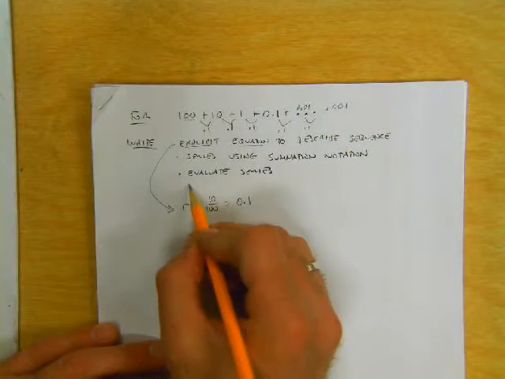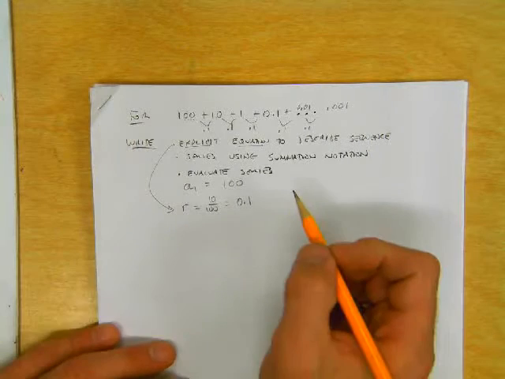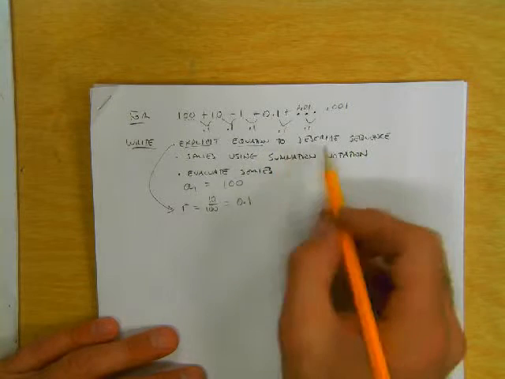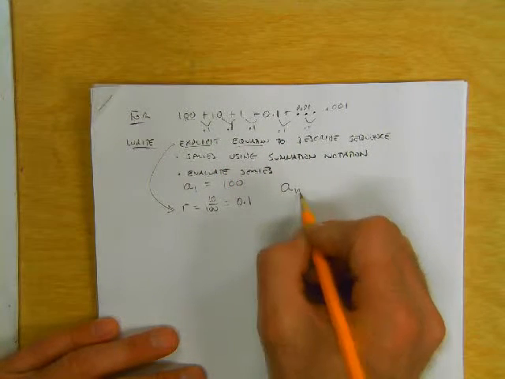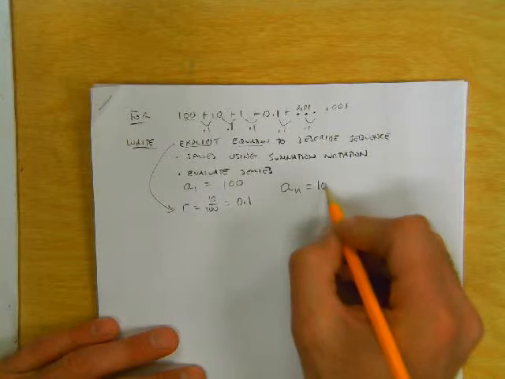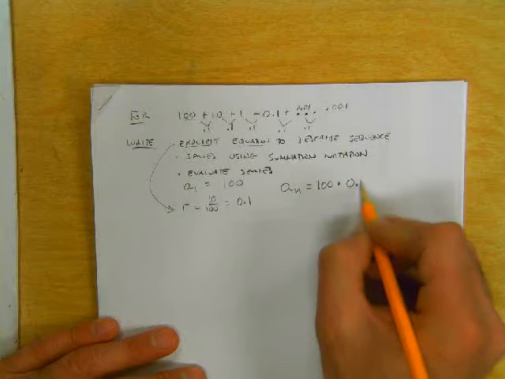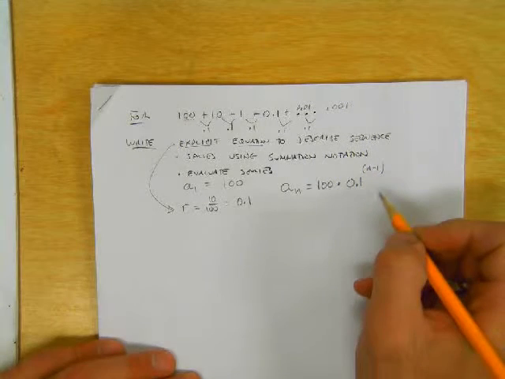The other thing that we need is the value of the first term, which is 100. So if we want to write an explicit equation to describe this sequence of numbers, the nth term is equal to the first term times the common ratio to the n minus 1 power.